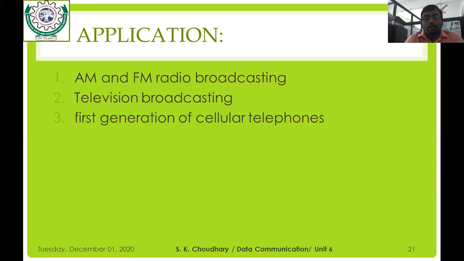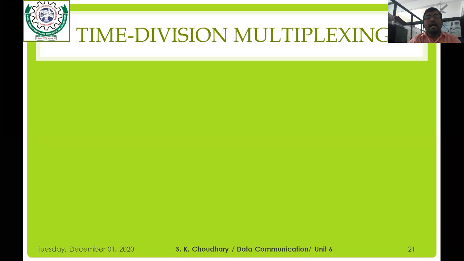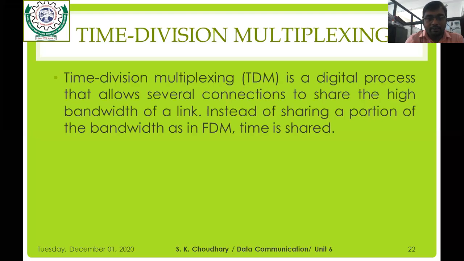As for applications, you can use FDMA in AM and FM broadcasting, television broadcasting, as well as the first generation of cellular telephones. Now we come to the time division multiplexing, TDM, technique.